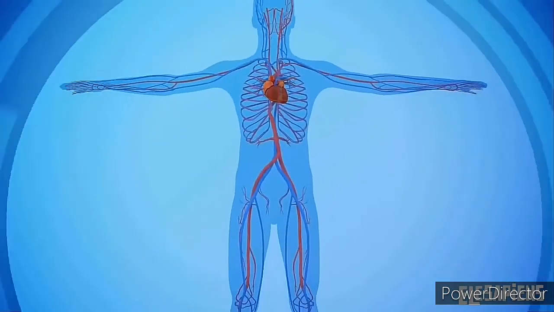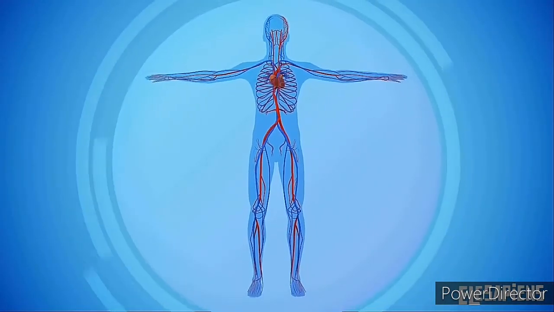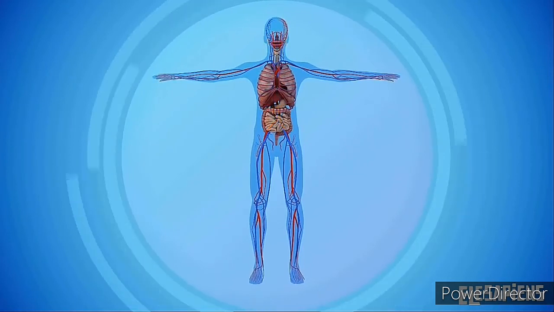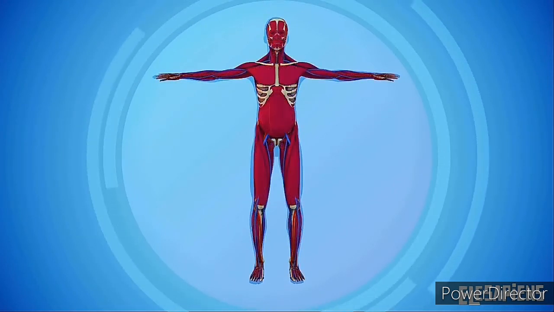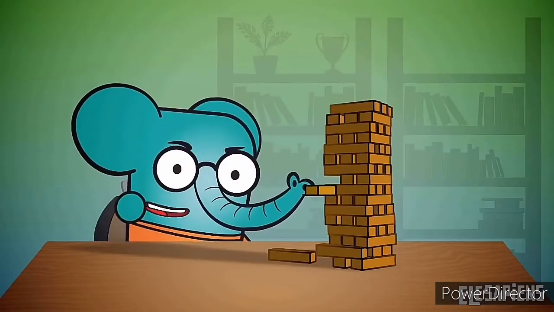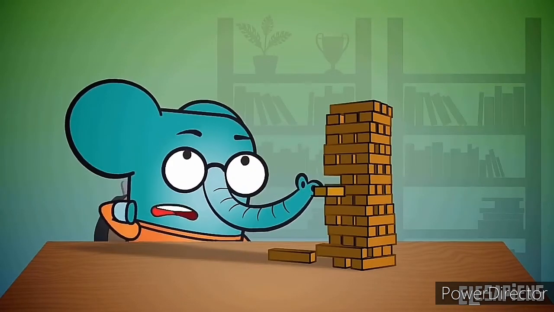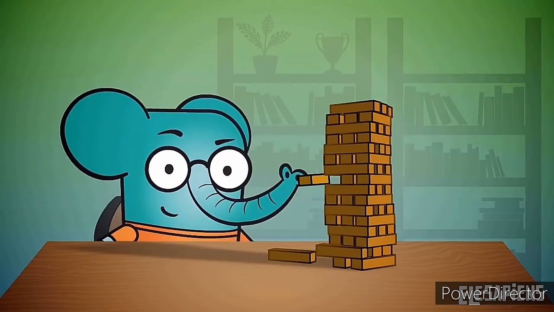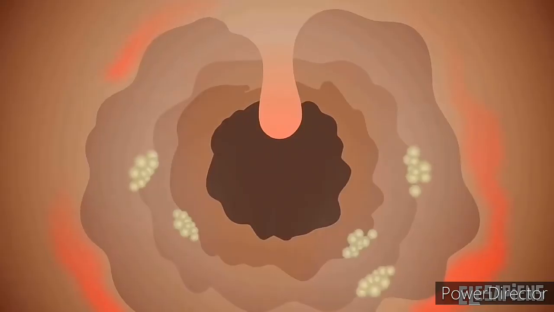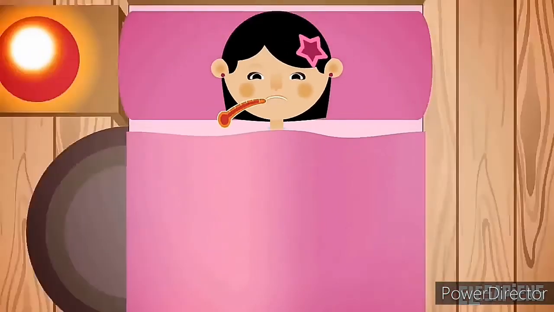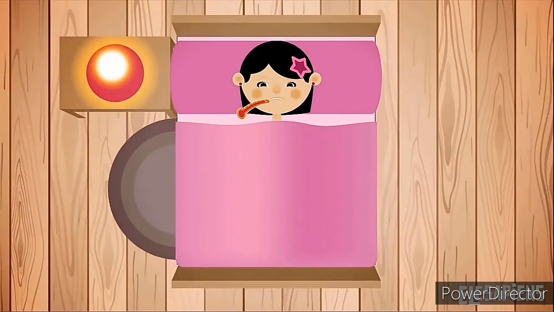And the different systems depend on each other to keep us alive. And if a system does not work well... When a system fails, it affects our other systems and, in general, we get sick.